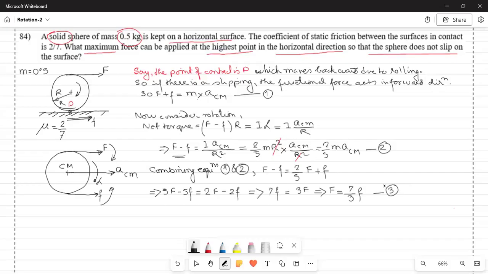So we have got a relation between capital F and small f to ensure pure rolling. Now they wanted us to find out the maximum value of capital F. So naturally we have to apply the maximum value of small f, right? So I write it this way.